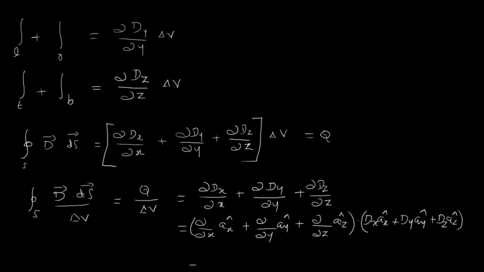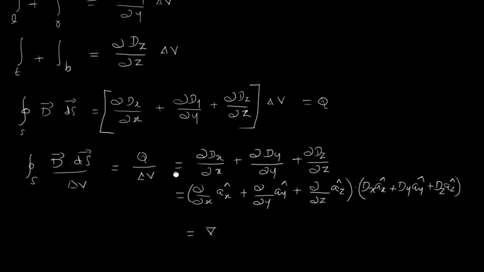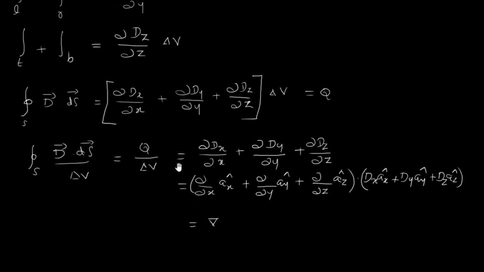Agree? Now here, this del bar, the partial differential with respect to each axis, is notated by divergence. This is the equation which helps me calculate the rate of change of flux when it is traveling from point P to the surface and outside the surface.